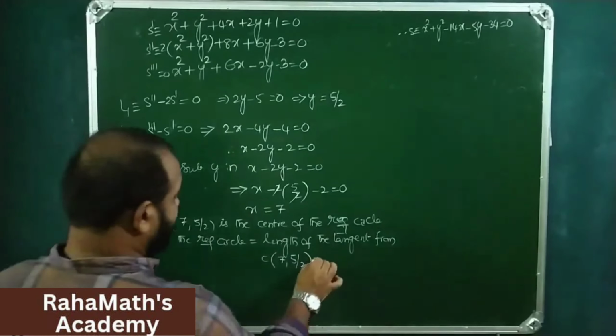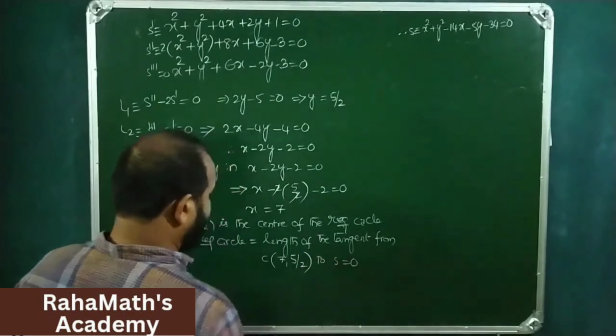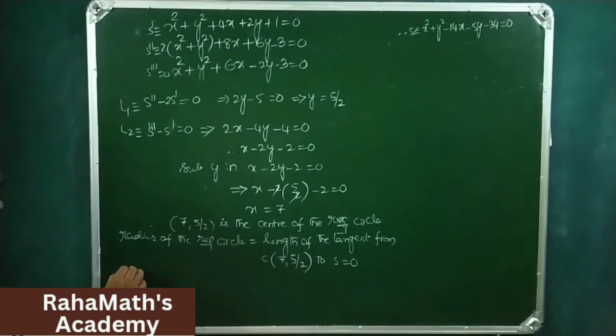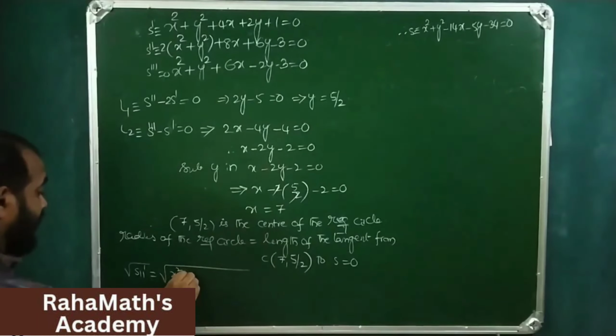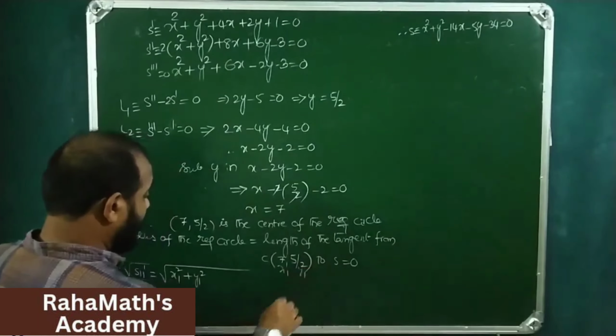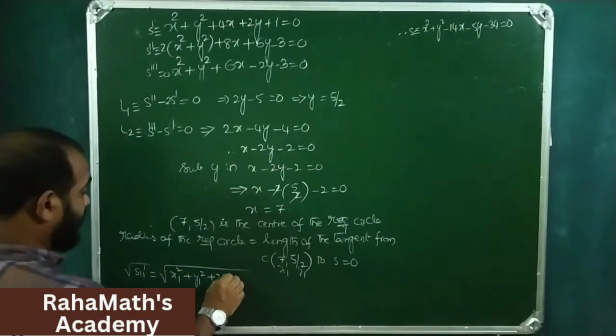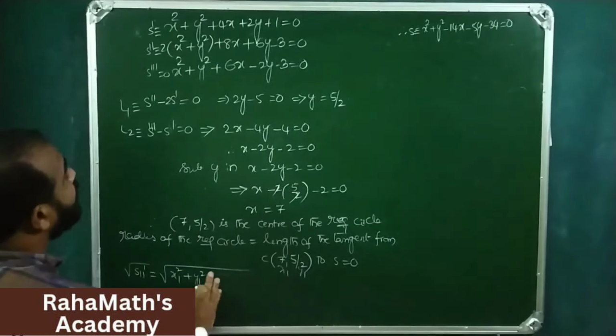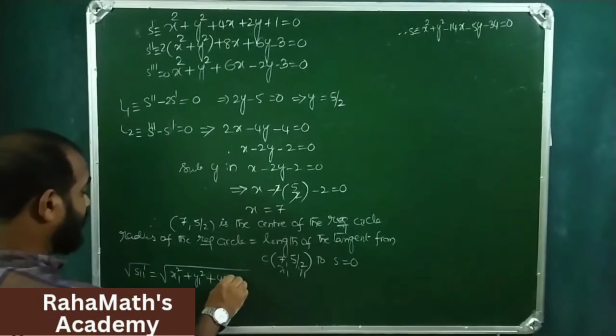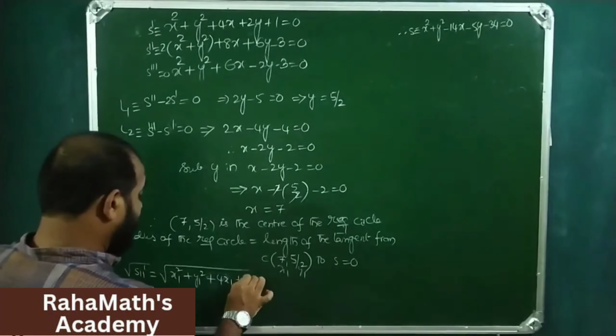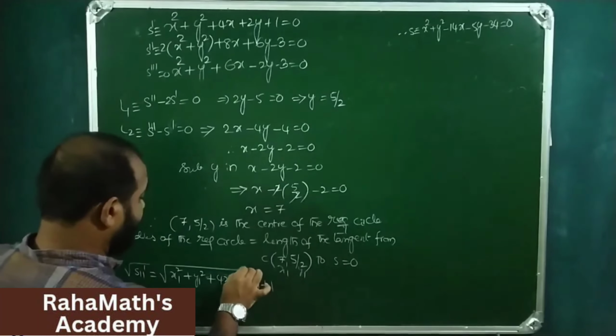So for the first circle, I will take S equals to 0. Then root S11 dash is equals to square root of x1 square plus y1 square plus 2gx1, so that is 4x1, plus 2y1 plus 1.